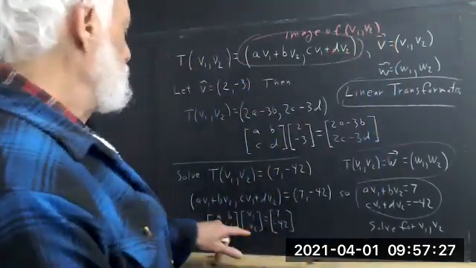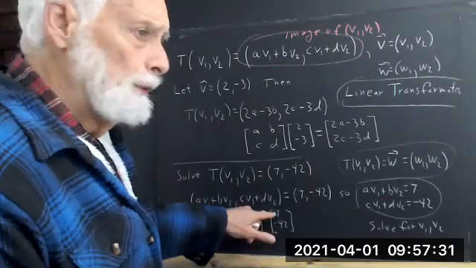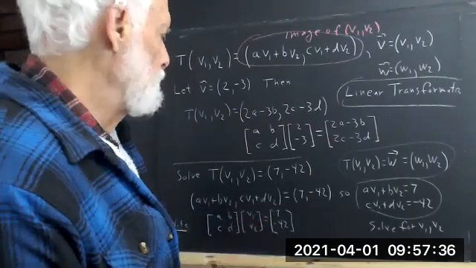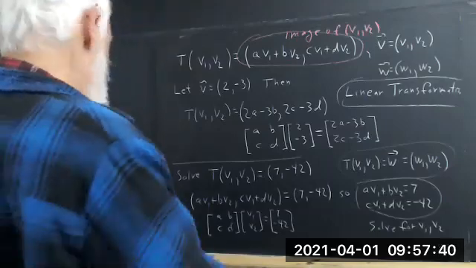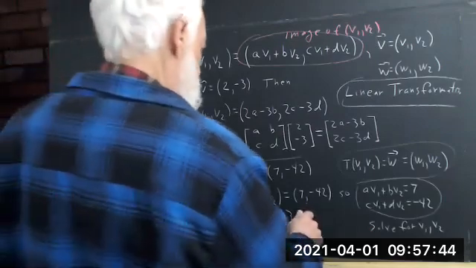Our solution v1, v2 here would be the preimage of the vector w equals 7, -42. Let me write that in something that'll show up a little better.